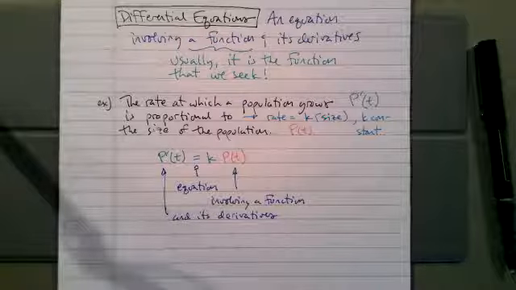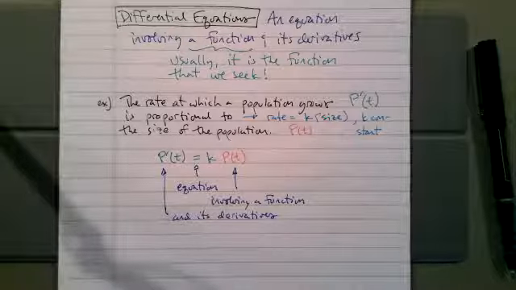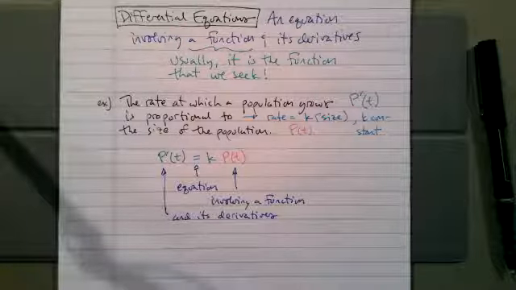Okay. So that's when things are proportional. So your gross pay is proportional to the number of hours that you worked. Because to calculate your gross pay, you just take a constant, your hourly wage, and multiply it by the number of hours you worked.